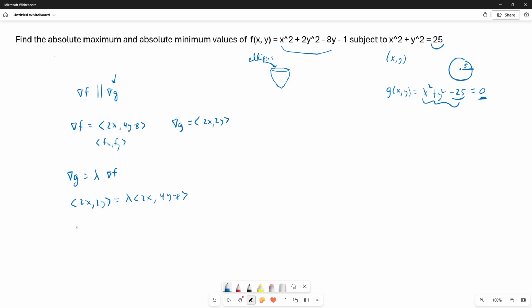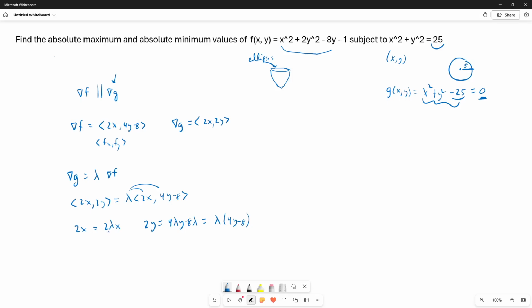So let's look at the components. 2x on the left is equal to the first component on the right, distributing the lambda, it'll be 2 lambda x. And the second component, 4y minus 8 equals 2 lambda y.